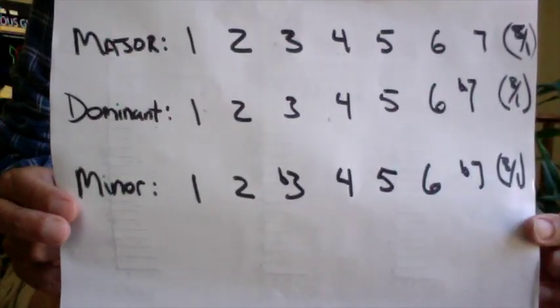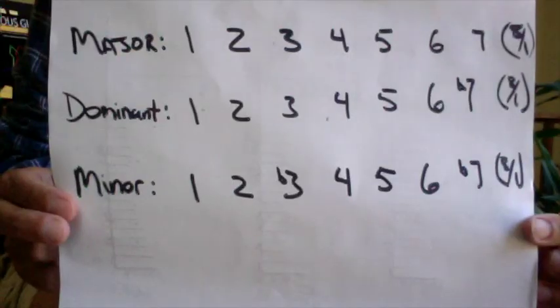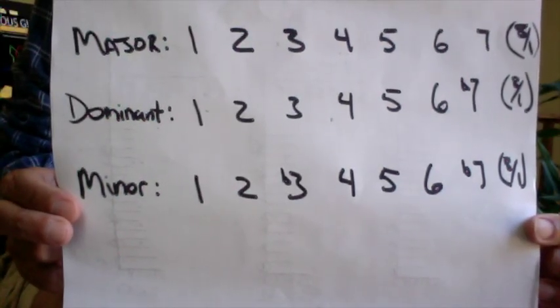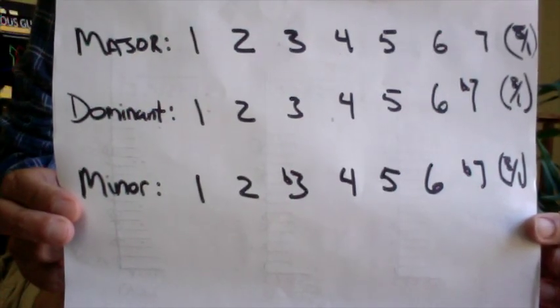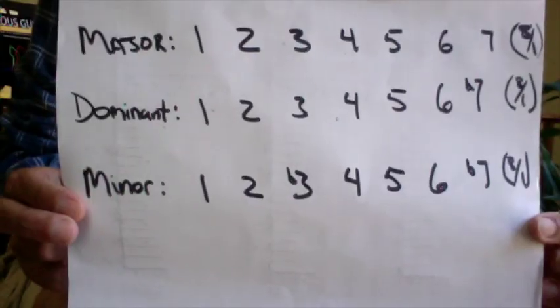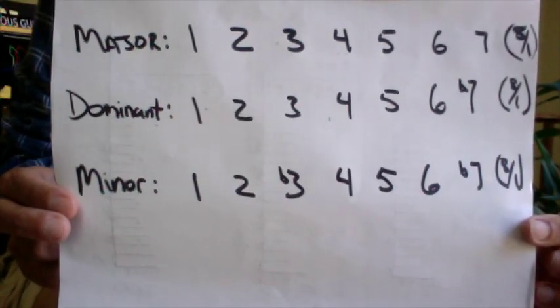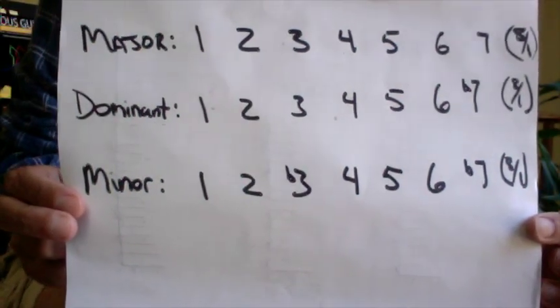Well, since there are only 3 categories of things in music, and I'm showing you a representation of each of those categories, if major is the only one up there that has a 7, it must mean that every scale that has a 7 in it is called a major scale. Does that make sense? Hopefully it does.